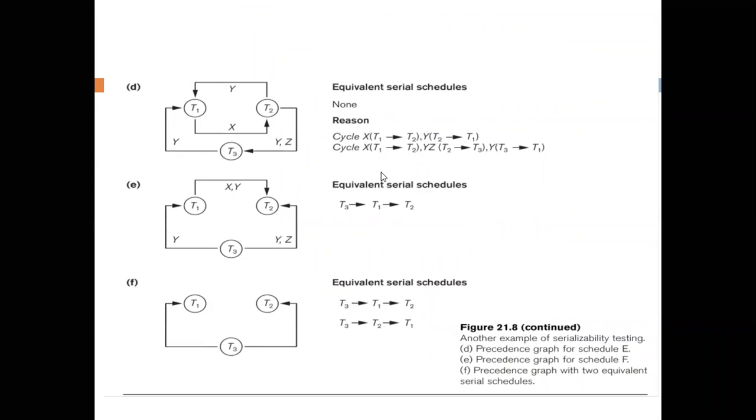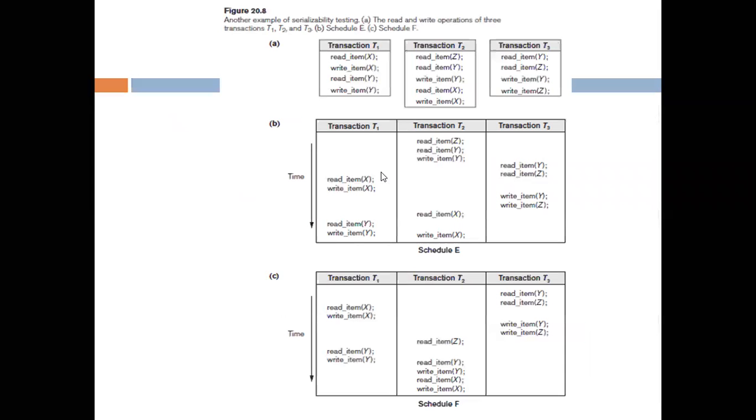So in the second example, this is regarding schedule F. If you are confused with this particular schedule, then you can check the B table where the operations are interleaved.